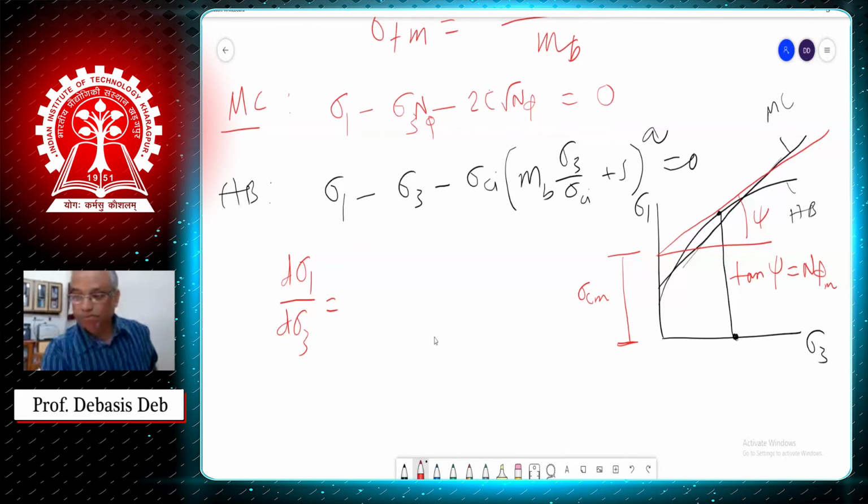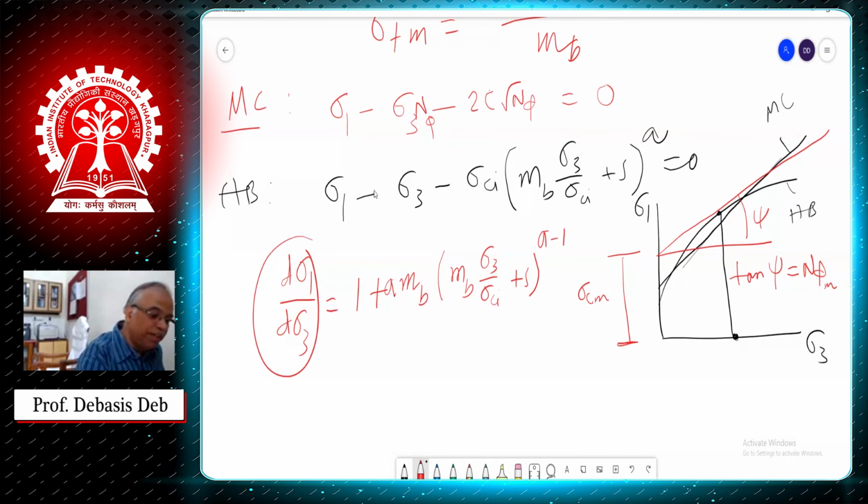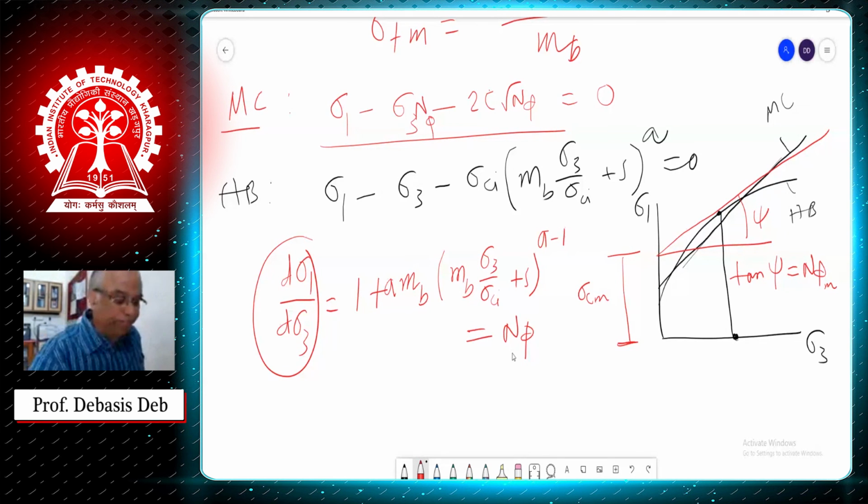Can anyone tell me? 1 plus a m b (sigma 3 by sigma ci plus s) power a minus 1, right? This is the derivative of this. Now this is the slope. The derivative of this is nothing but my N phi.